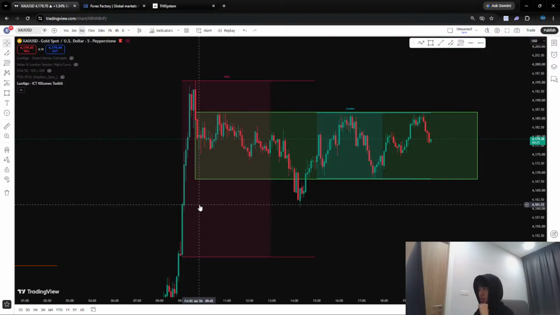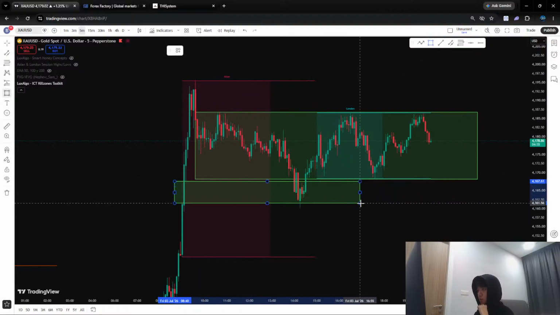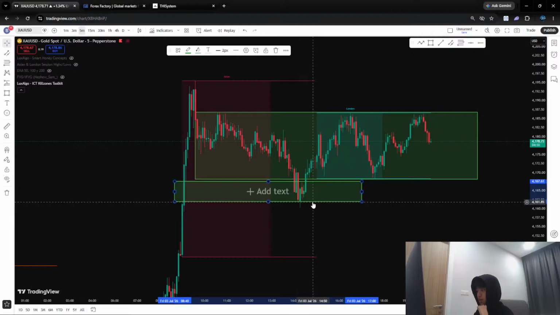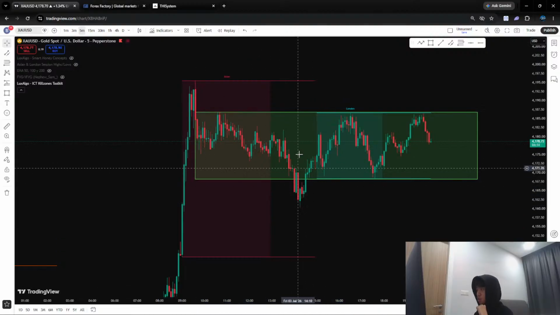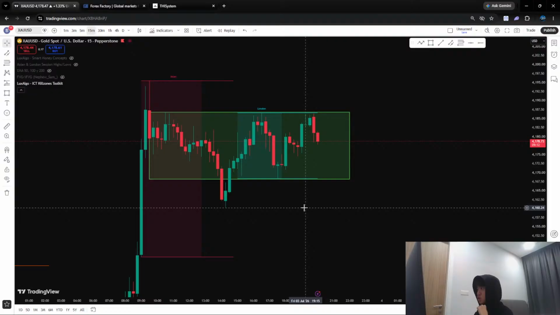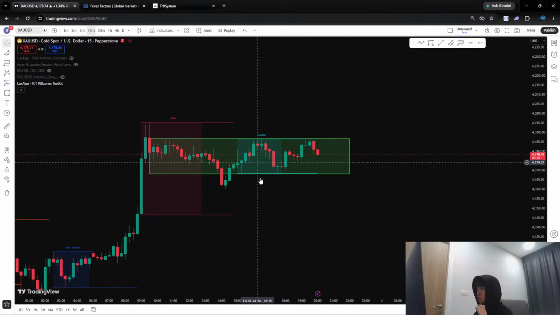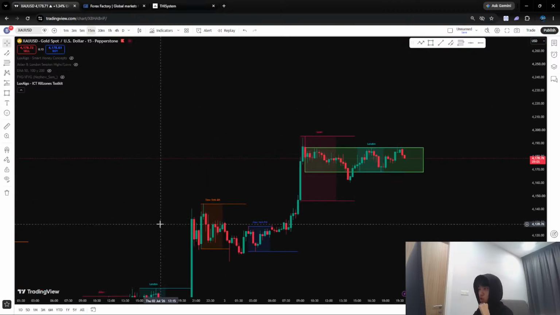Maybe it is for this FVG right here. This FVG will be the stop loss area, which has already been hit. So where will we focus on? We will focus on this entire ranging area. Right now gold is going up and down during the London session, and it has not opened the New York session yet.